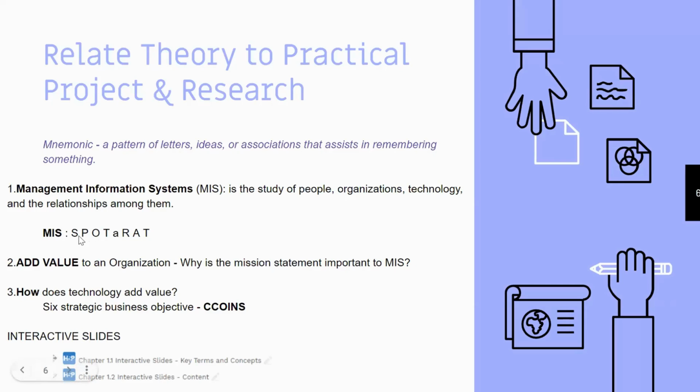They've used SPOT A RAT as a mnemonic. S refers to study of, people, organizations, technology. A refers to and, RAT refers to relationships among them. So that's another way that you can remind yourself of the definition of MIS.